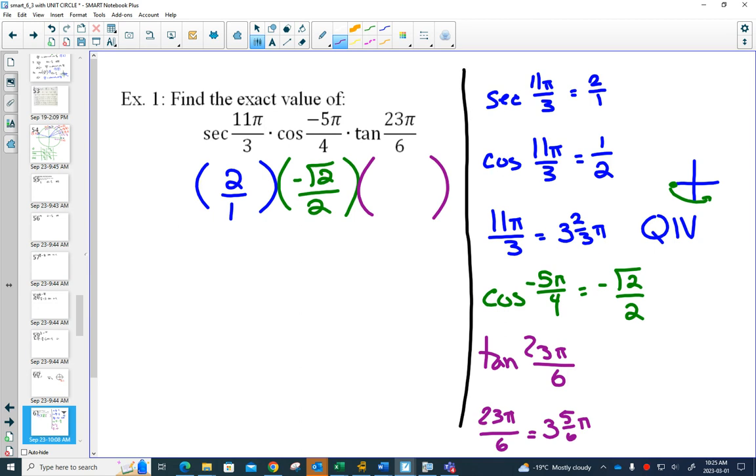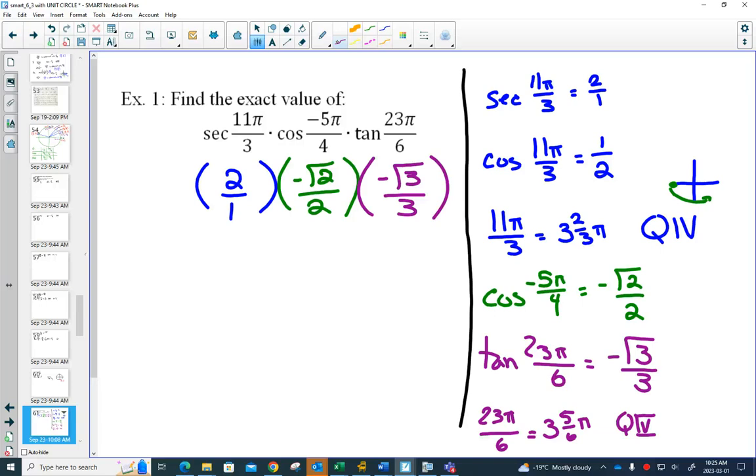That 3 and 5/6, same thing here. 3 would be here, 5/6 is more than half. Tells me it's in quadrant 4. This will be negative, and the pi over 6 family is root 3 over 3. So I now can fill in negative root 3 over 3.